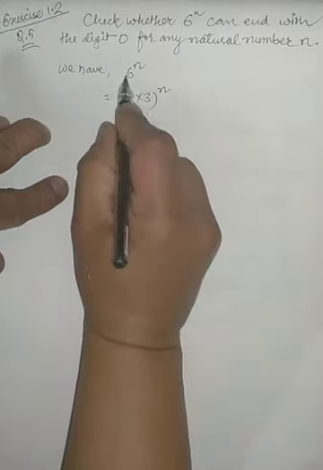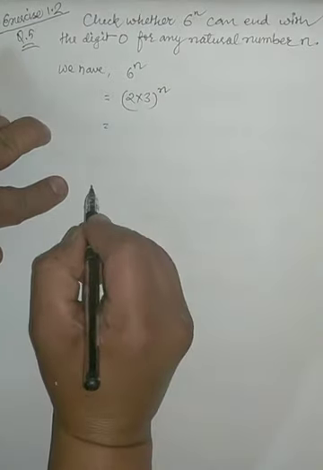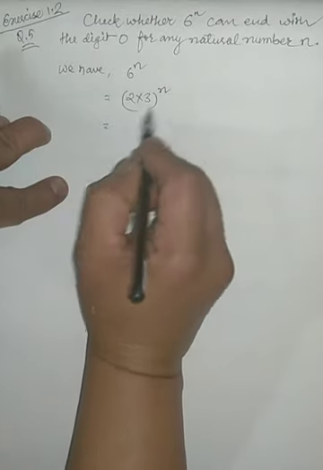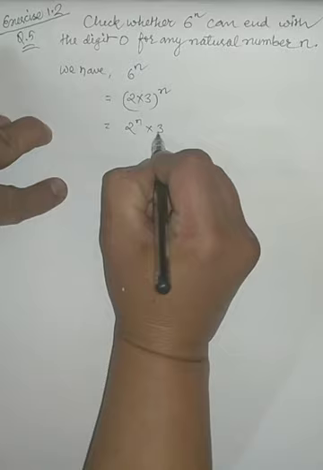So if we expand it, it can be written as 2 to the power n into 3 to the power n.